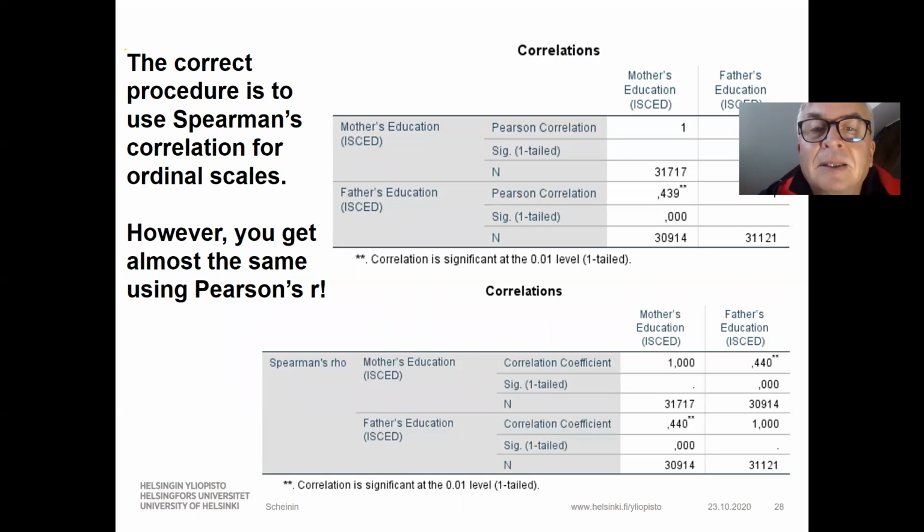Pearson is what we typically use, and it uses variables that are normally distributed and typically where the different values on the scale would be equidistant.